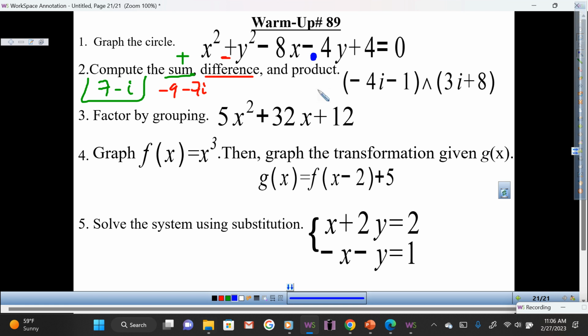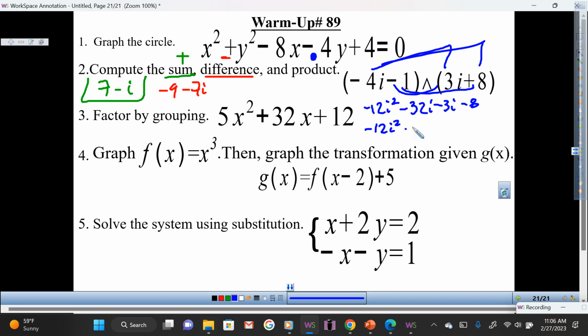All right, help her out, please. Lissa. Multiply, that's negative 12i squared. Multiply, that's negative 32i. Multiply, that's negative 3i. Multiply, that's negative 8. So this is negative 12i squared minus 35i minus 8.